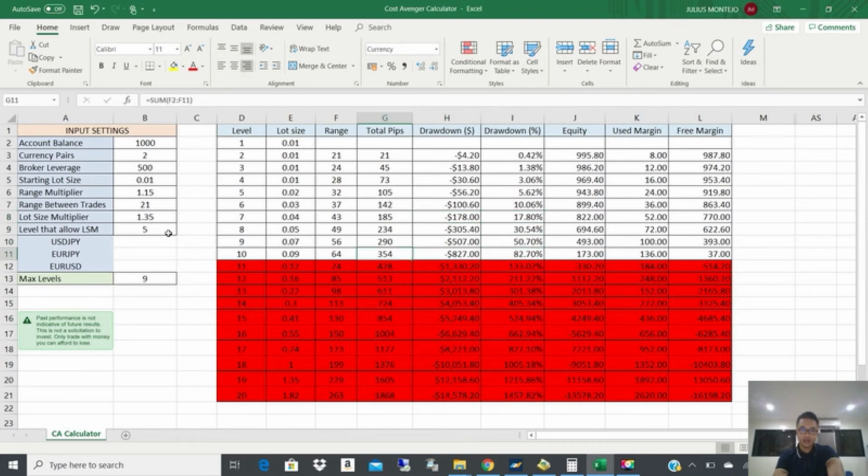At level 11, you're already wiped out. So if two pairs simultaneously get a drawdown, this is the worst case scenario. Two pairs having a drawdown for 1k USD. So you compute here.